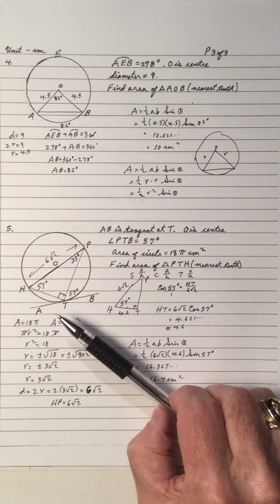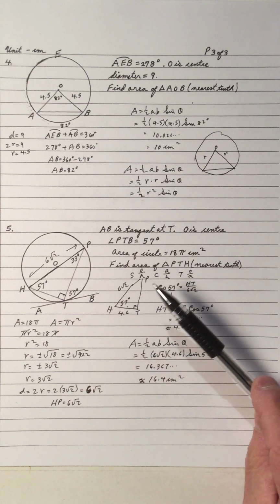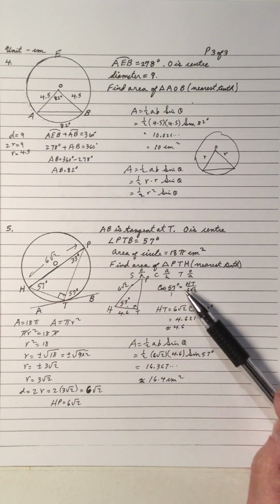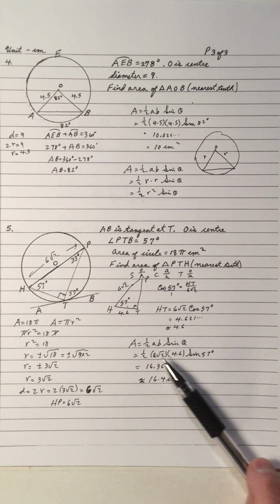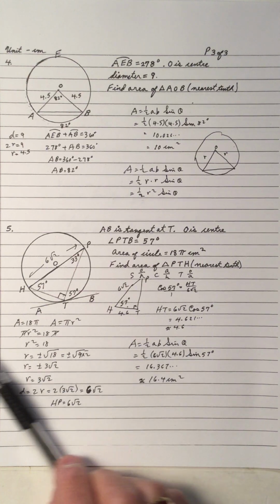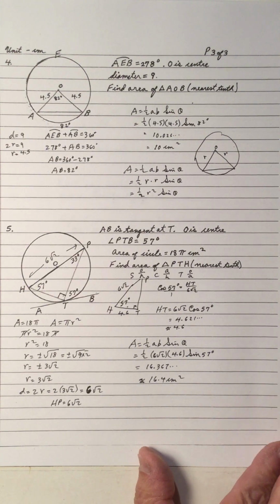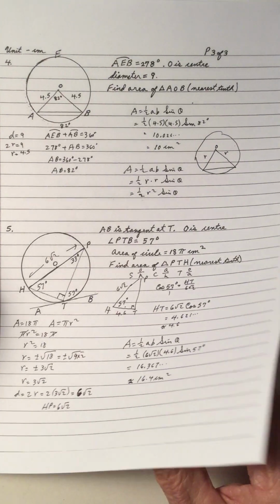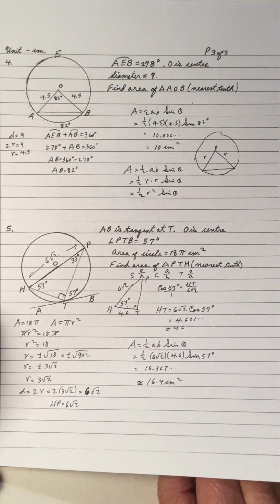And you got the area of the circle, you got the trig being used to get the length of the side, and you had to know your formula to get the area of a triangle. Half of AB sine theta. A lot of math in there. An excellent problem.